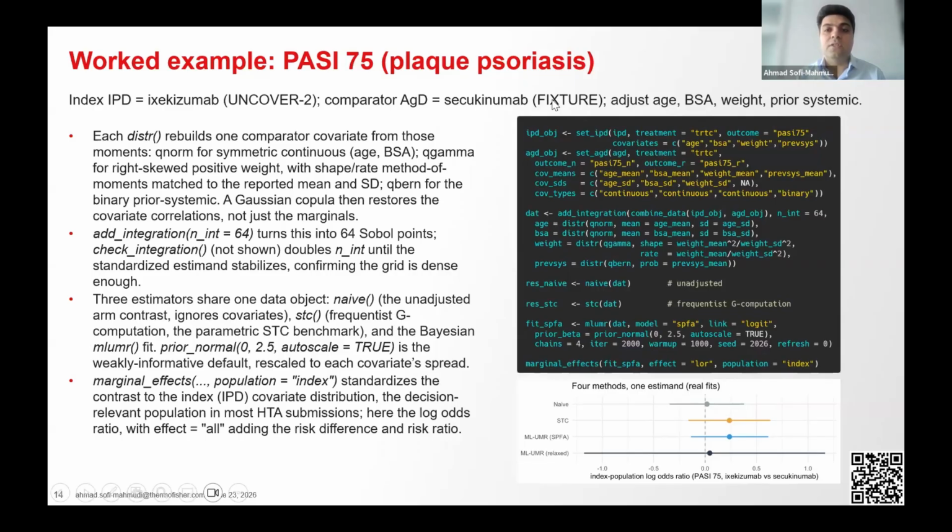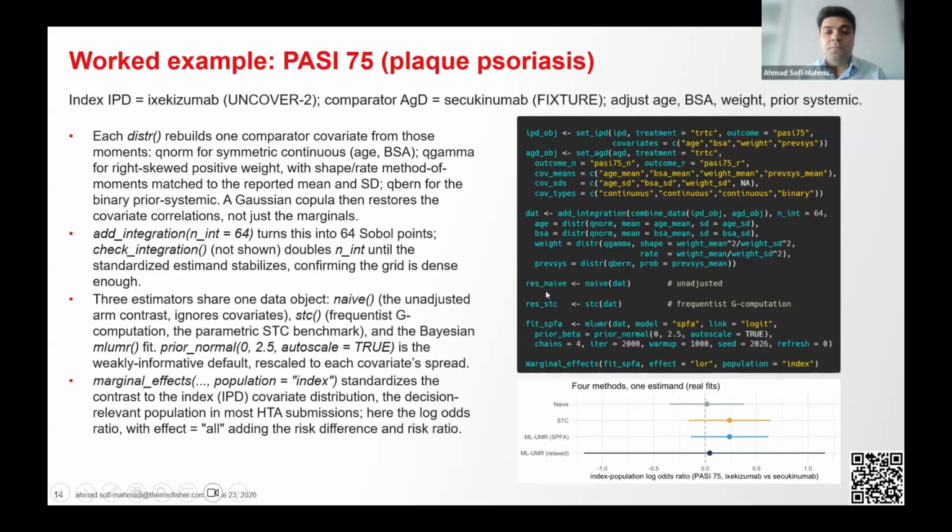And then we adjust for age, PSA, weight, and previous systemic disease. Just like we discussed before, we set the IPD, and then we set the AGD, for which we should also provide covariate means, SDs, covariate types, and then we combine them and then add integration. And as discussed, we need to provide the distribution for each of the covariates.